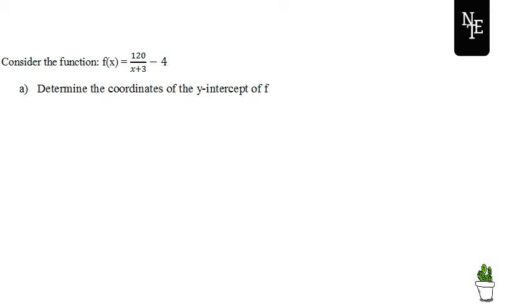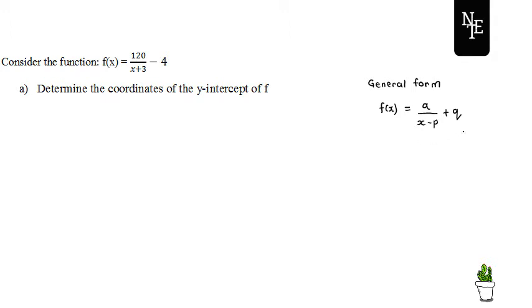Now, before we go into the first question, let's just recall for ourselves the general form of the hyperbolic function. So we know that the general form of the hyperbolic function can be given by f of x is equals to a divided by x minus p, plus q.